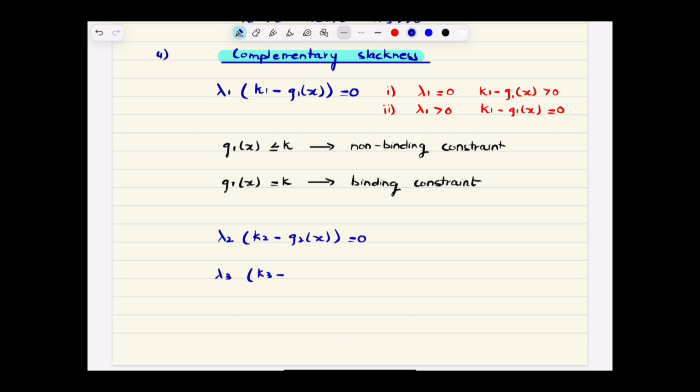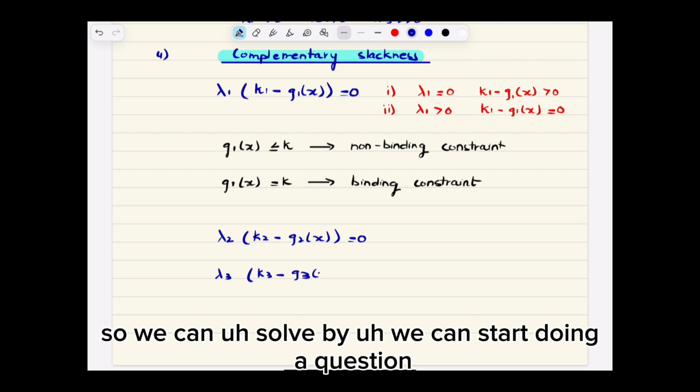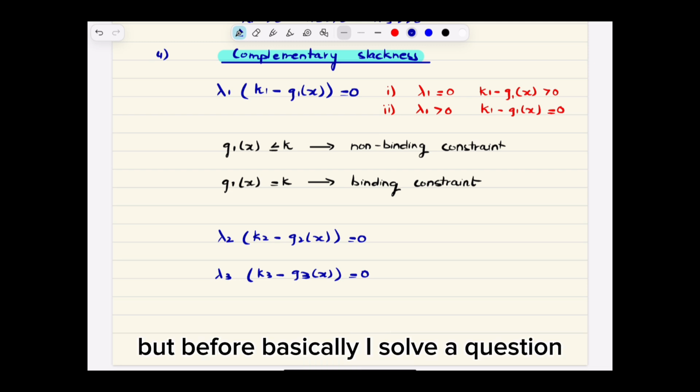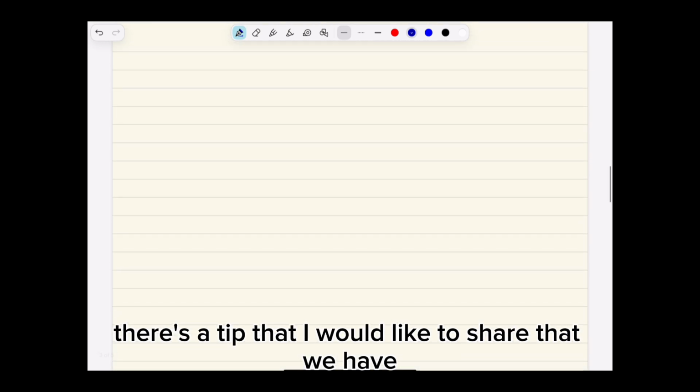Okay, so now we're done writing the conditions, so we can start doing a question. But before I solve a question, there's a tip that I would like to share.